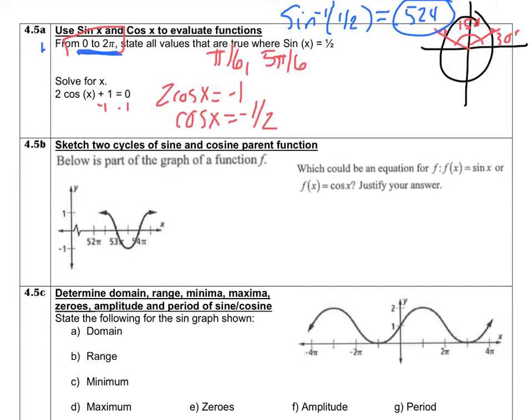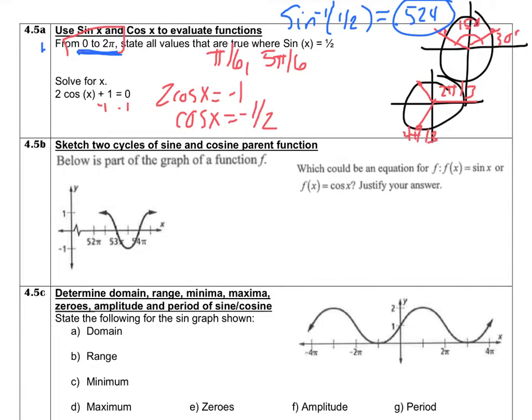You can sketch the circle if you want to for this one and determine where cosine of x equals negative 1/2. The negatives would have to be over here somewhere. One of them happens right here at 2 pi over 3, or 2/3 of a pi. The other one is down here, and that happens at 4/3 of a pi, or 4 pi over 3.